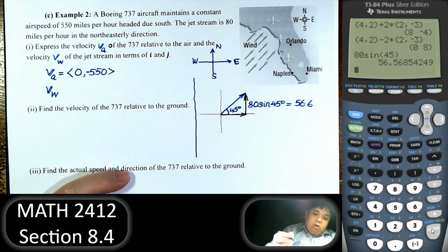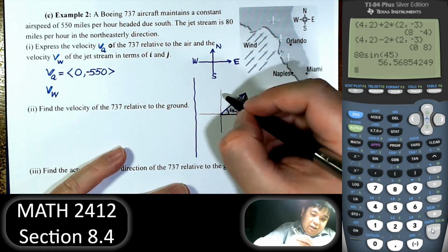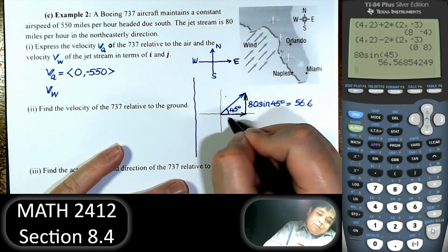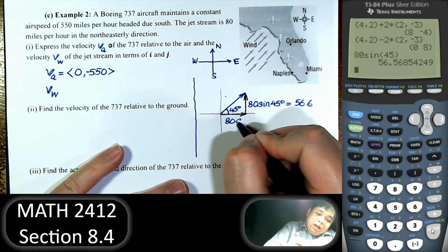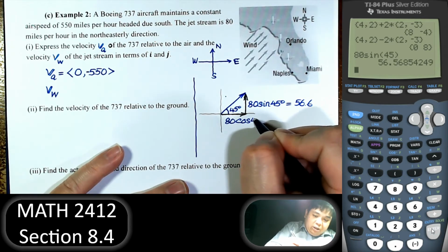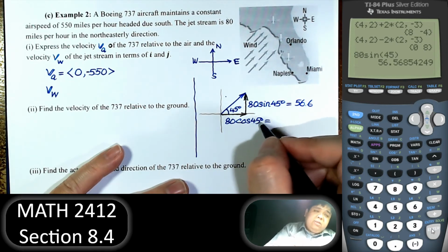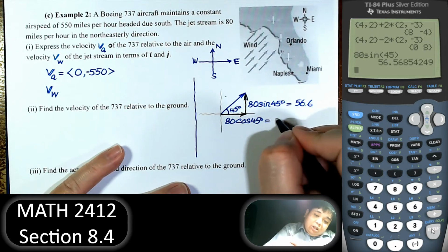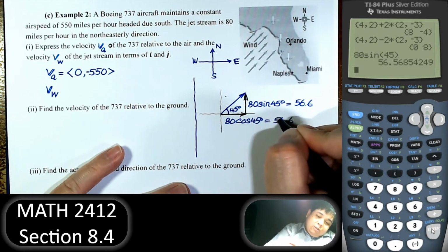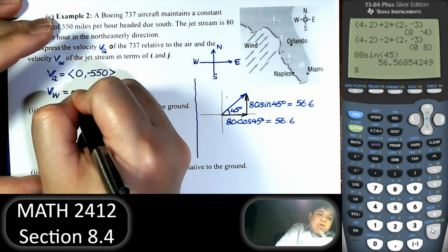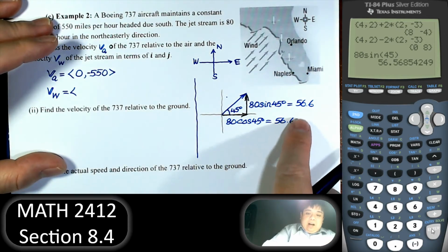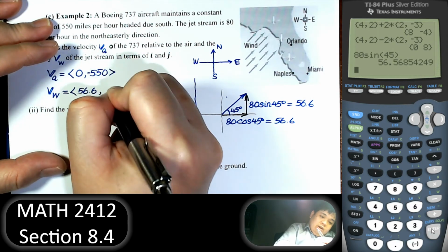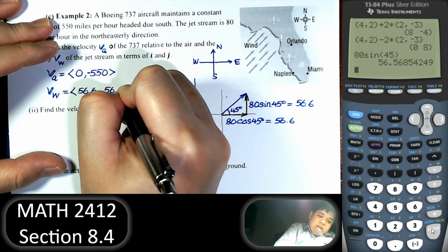So that is the vertical component of the velocity of the wind going that direction. And the horizontal component is 80, the magnitude, times the cosine. Cosine 45 degrees is the same as sine of 45 degrees, so this is also 56.6. So the wind will have two components: the horizontal component of 56.6, and the vertical component is also positive 56.6.